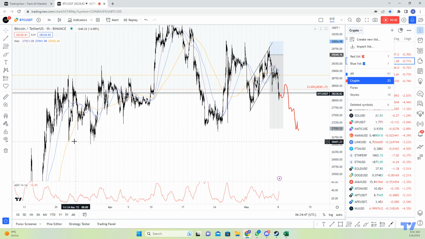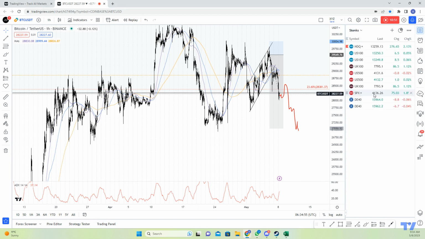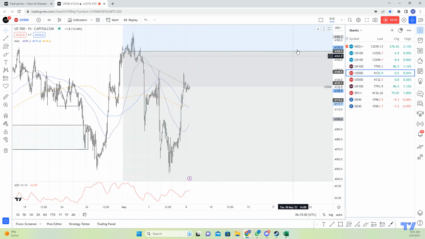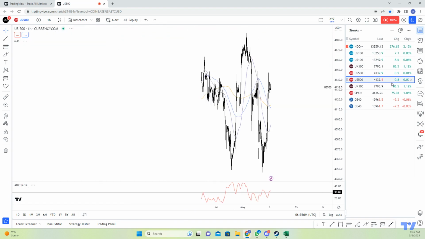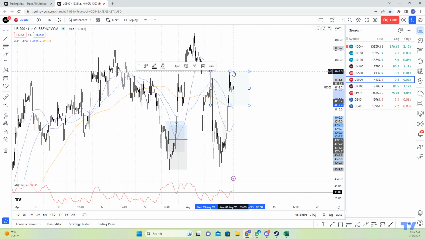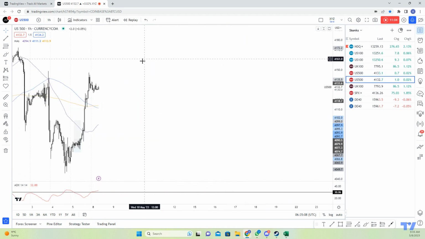Now, let's take a look at S&P, right? Boom. So let's see. On S&P, I'm in a big short here. Let me clear this and use this chart here.